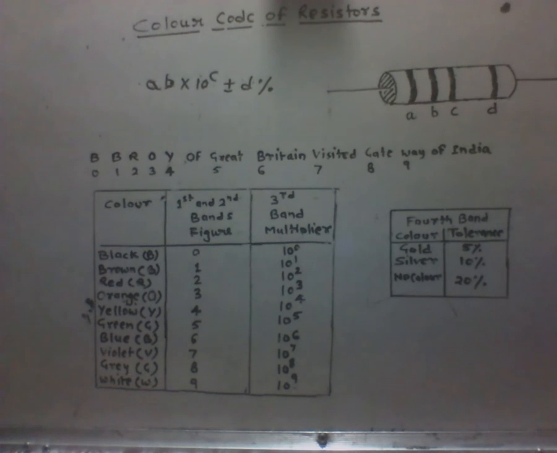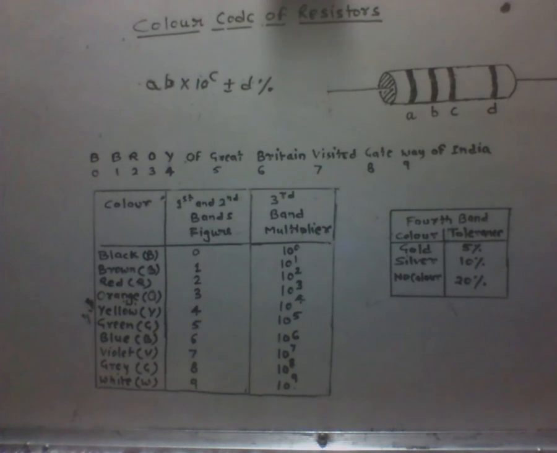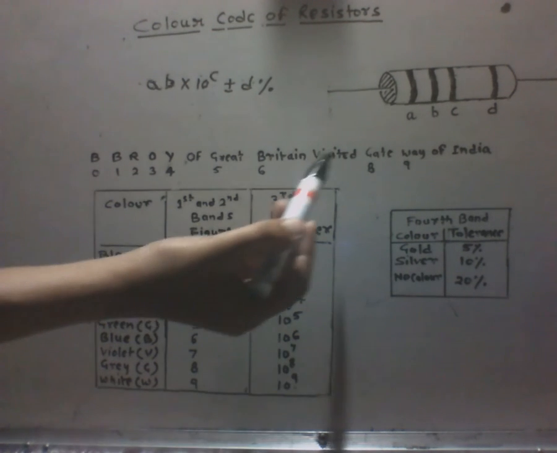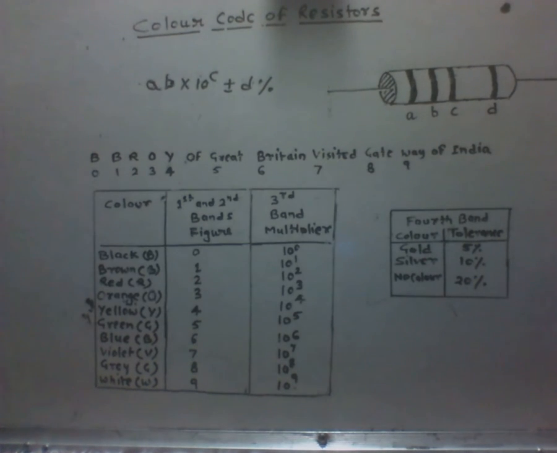To read the value of a carbon resistor, the following sentence may be memorized: B.B. Roy of Great Britain visited Gateway of India.